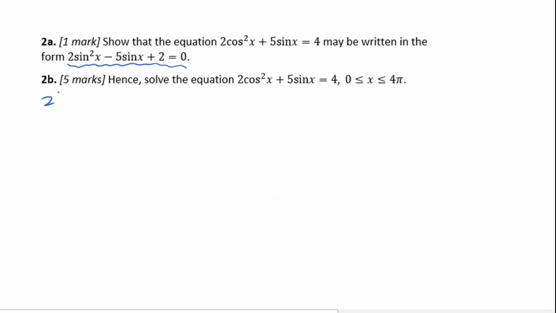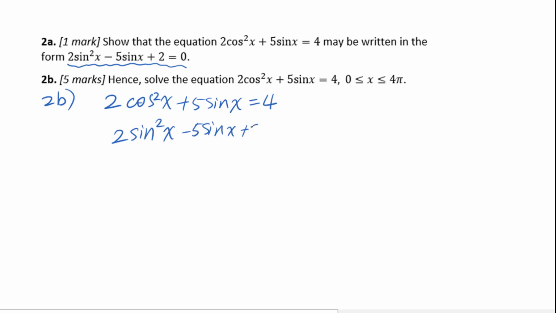Let's go to 2b. Hence, solve the equation 2 cosine square x plus 5 sine x equals 4, x greater than or equal to 0, less than or equal to 4 pi. From 2a, we can change 2 cosine square x plus 5 sine x equals 4 into 2 sine square x minus 5 sine x plus 2 equals 0.